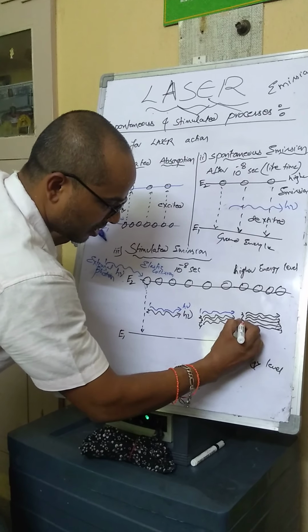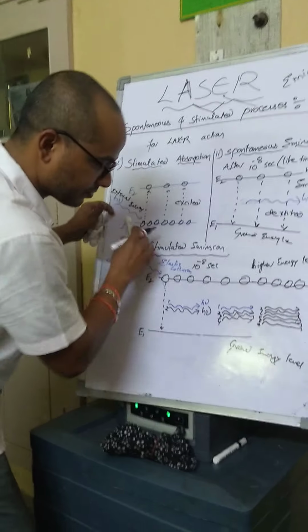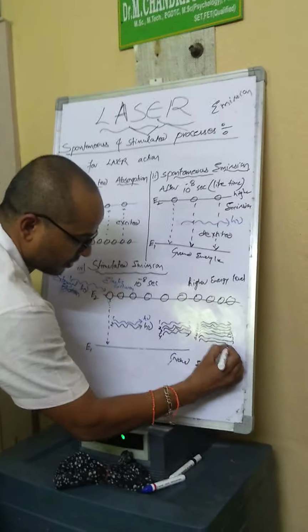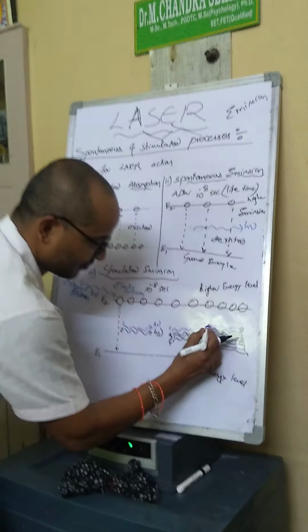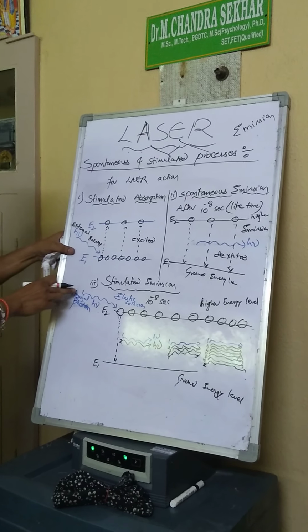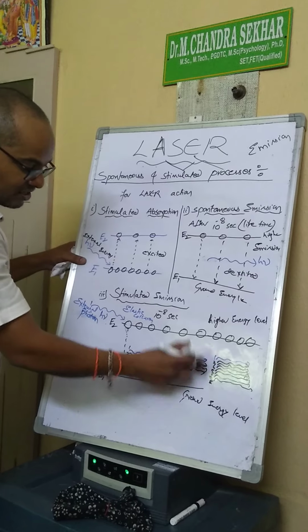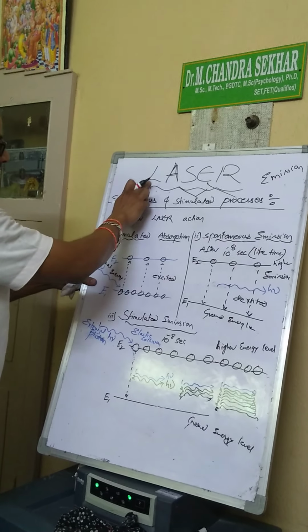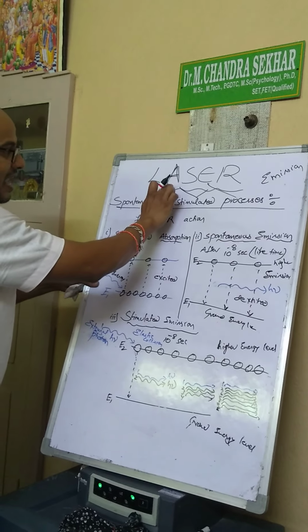So this is 2, 3, 4, 5, 6, 7, and another photon 8, and what I have sent is photon 1. Now you see, 1 is becoming 2 photons, these 2 photons are becoming 4 photons, and these 4 photons are becoming 8. Here the photon number, that is light, is multiplied. That multiplied word is known as amplification.